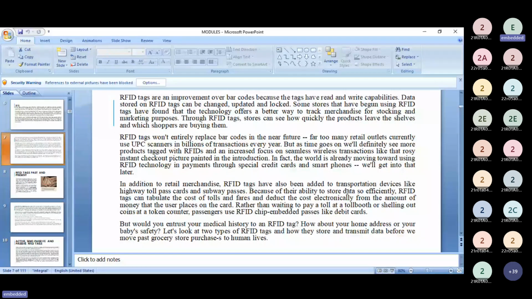But as time goes on, we'll definitely see more products tagged with RFIDs and an increased focus on seamless wireless transactions, like the rosy instant checkout picture painted in the introduction. In fact, the world is already moving toward using RFID technology in payments through special credit cards and smartphones. We'll get into that later.